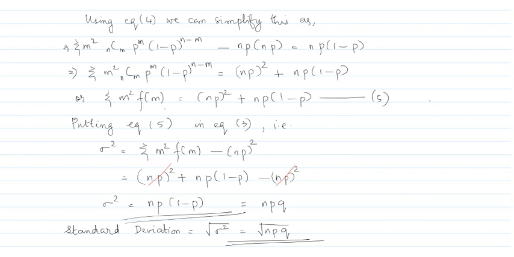Now you take this term to the right hand side, and what is this thing? This is fm. So I have summation m square fm is nothing but (np) the whole square plus np times (1 minus p).